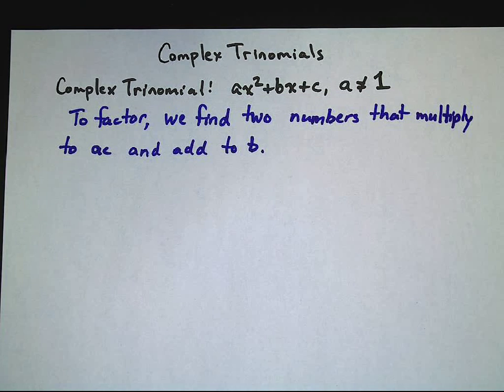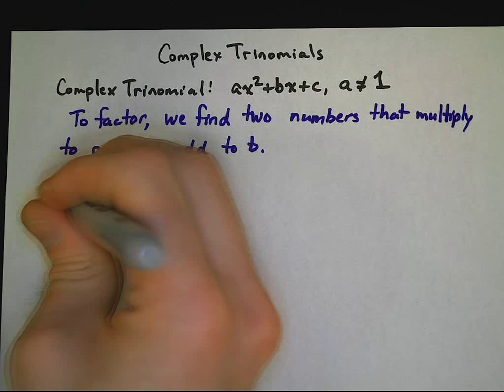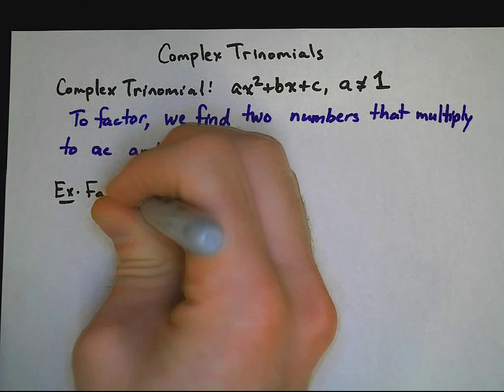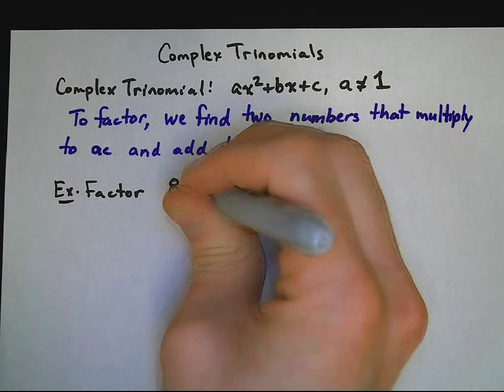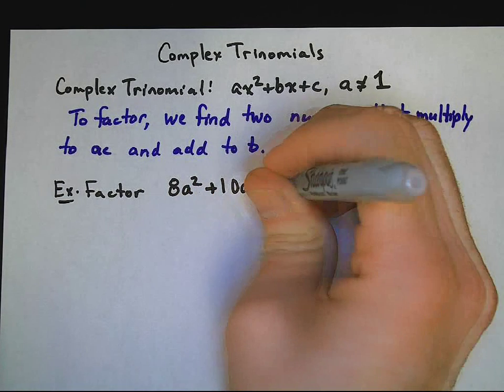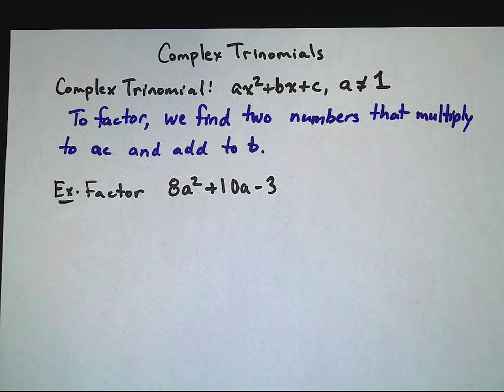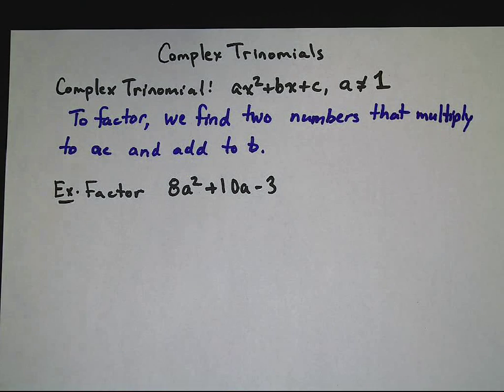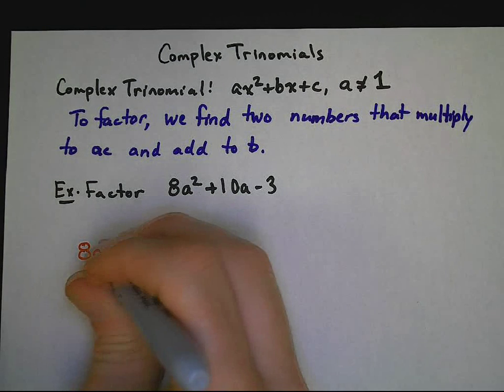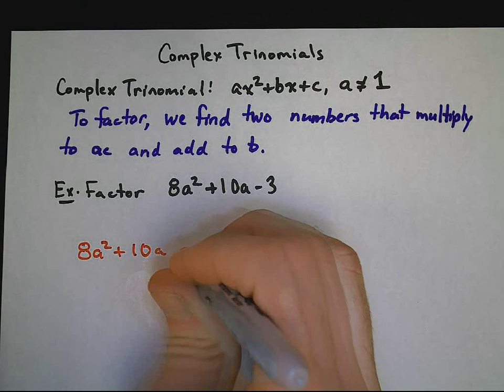So for example, if we were asked to factor 8a squared plus 10a minus 3, that is one that we're going to look at factoring. So we have this, 8a squared plus 10a minus 3.